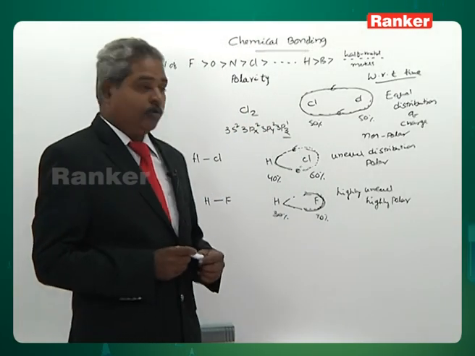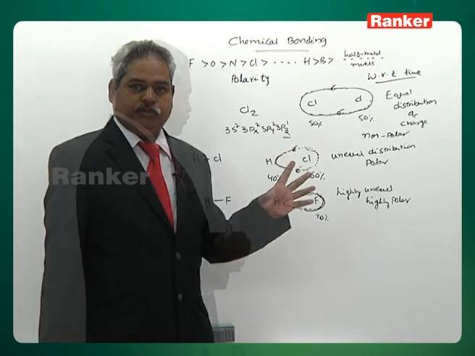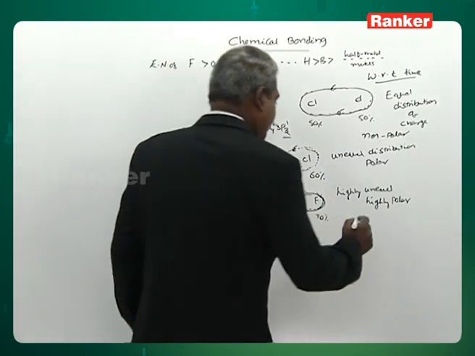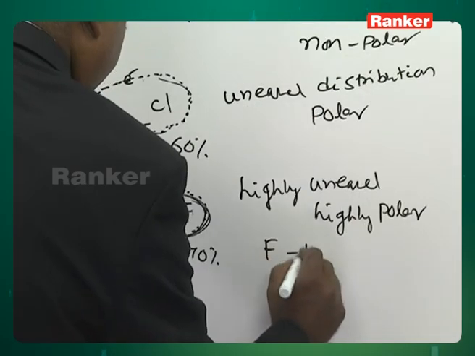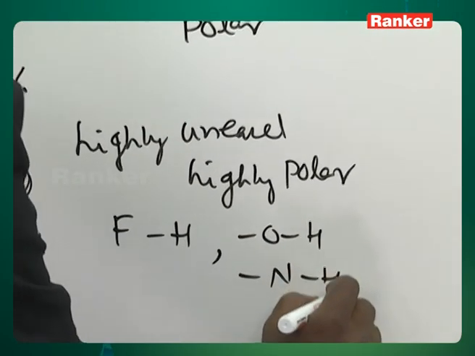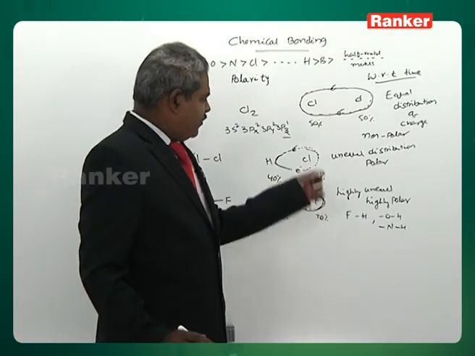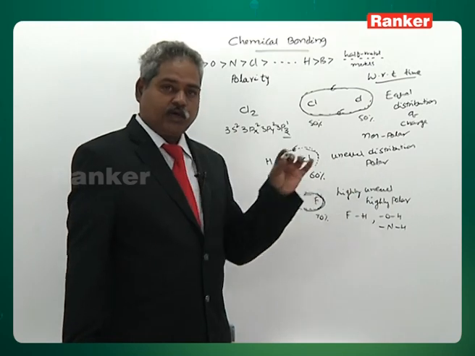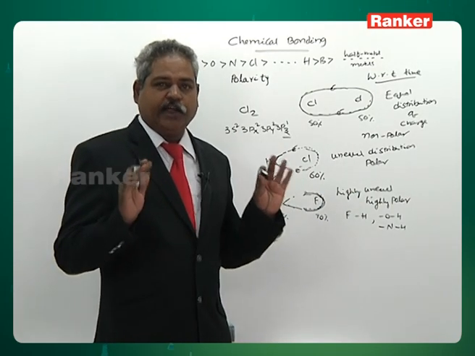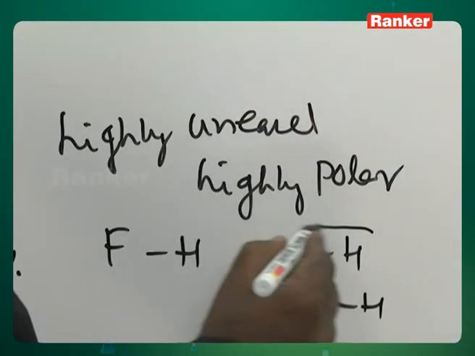And you won't have these highly polar covalent bonds in many molecules. Only in molecules with FH, OH, NH bonds. Very few cases there may be one or two others, but we should always learn the broadest thing which is applicable for 99% of the cases. Let us not worry about a few others.